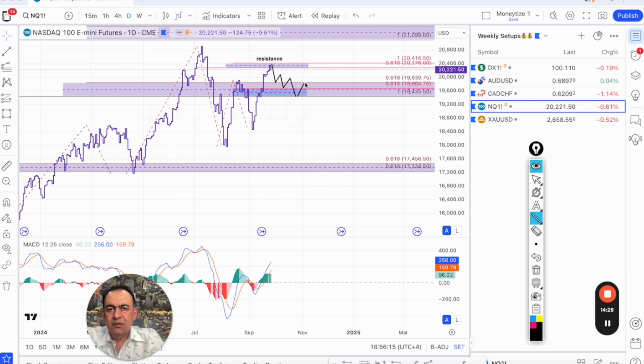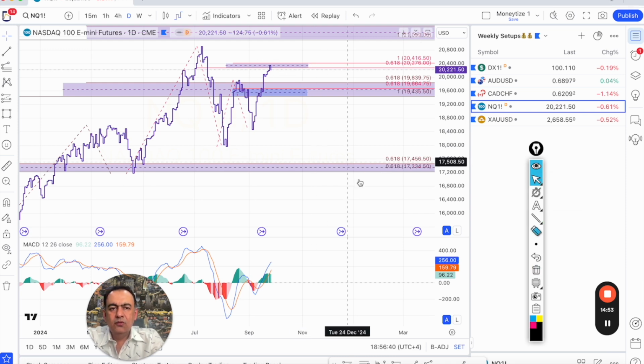Now the next magnet zone is around 21,099, or the round number of 21,100. So I'm expecting a bullish bounce once it bumps into 19,435 to 19,665, and from this zone, I'm expecting NASDAQ to move towards 21,500.